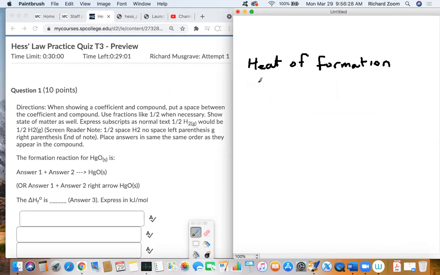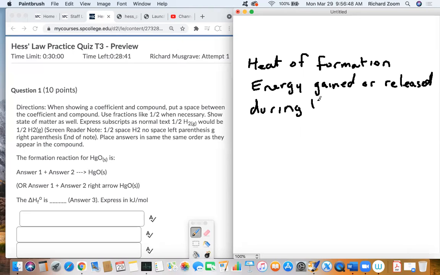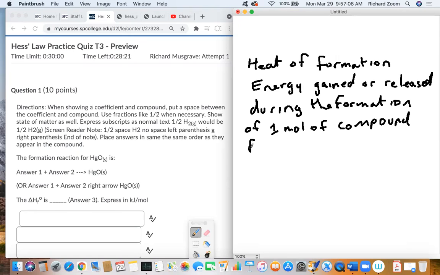I say the heat of formation is the energy gained or released during the formation of 1 mole of compound from its elements in their natural state.